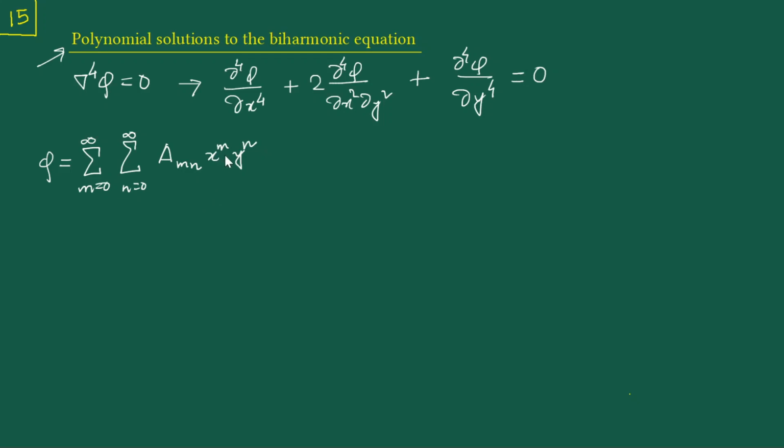Okay, so where m and n are just integers, starting from 0, they may go up to as much as you like. Okay, so both m and n start out from 0. It can be 0, 1, 2, 3, 4, whatever. Okay, and we require that this particular form will satisfy this equation.